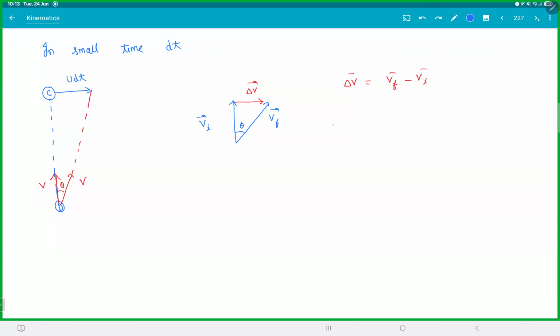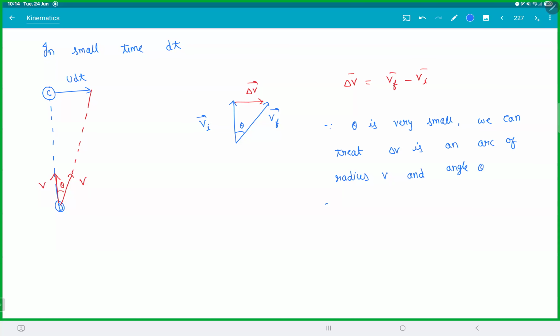Since theta is very small, we can treat it like an arc. We can treat delta v as an arc of radius v and angle theta.